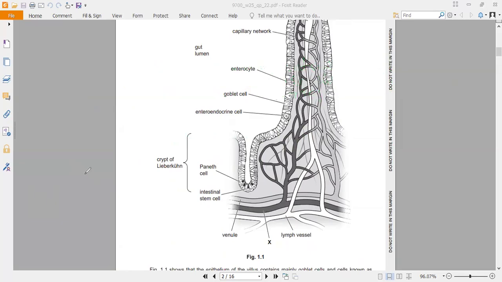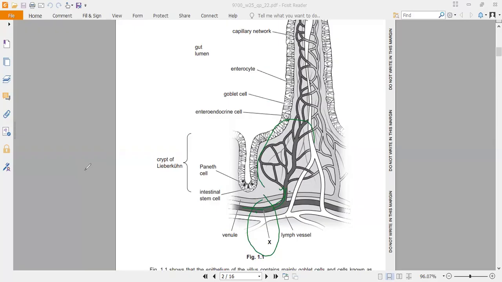This is X. So you can see the X is a blood vessel that receives blood from an artery, and delivers it directly to the capillary network. So this is the capillary network, so it's delivering over there. So it is an arteriole.